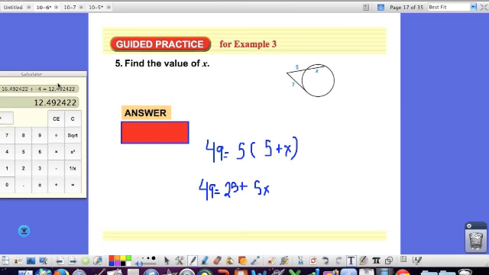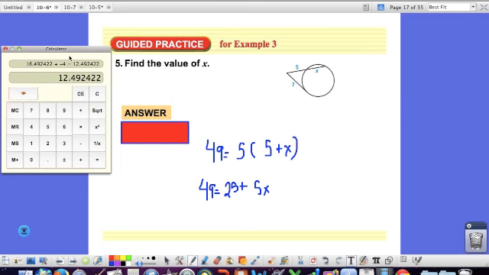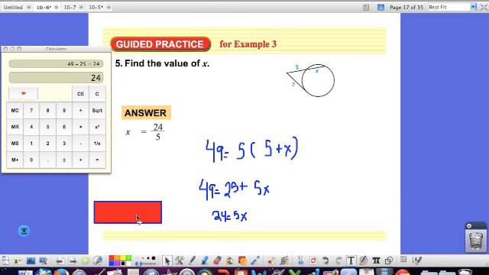So now 49, subtract 25 from both sides, is 24. So 24 divided by 5, or 24/5, would be the answer for x. If they wanted it as a decimal, it would be 4.8.